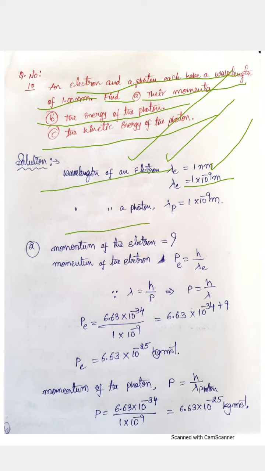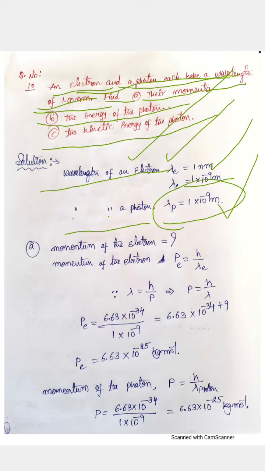In the question itself they have given an electron and photon each have a wavelength of 1 nanometer, means that electron wavelength and wavelength of the photon both are the same, there is no difference. Wavelength of a photon is equals to 1 nanometer, that is nothing but 1 into 10 to the power minus 9 meter.